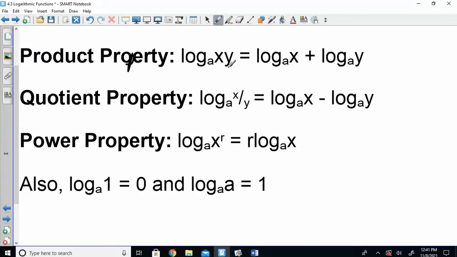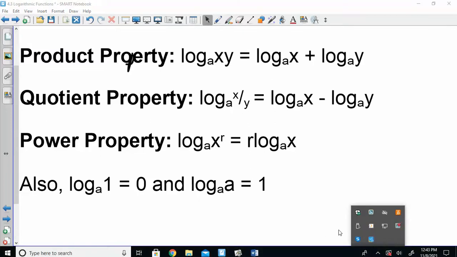So the product property tells us if you have the log of two things being multiplied, you can do the log of each one separately and add those together. Same is true with dividing. You just subtract your logs. And if you have the log of something to a power, the power can come down in front.